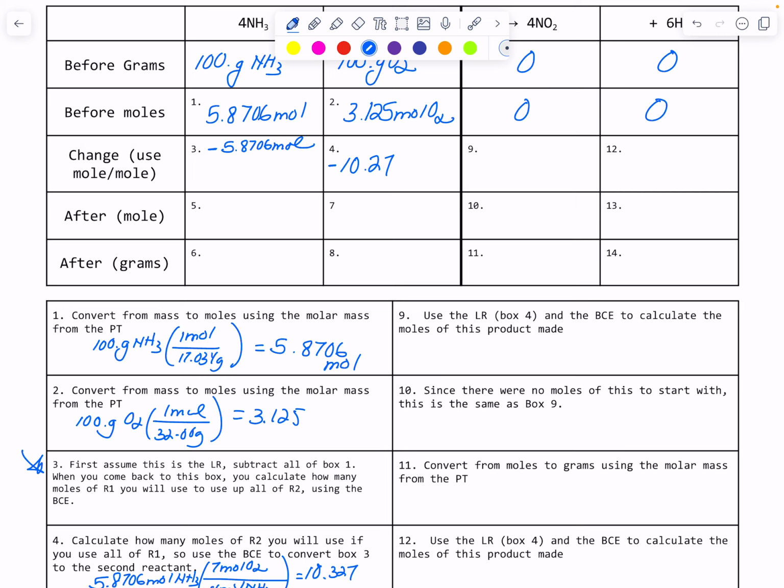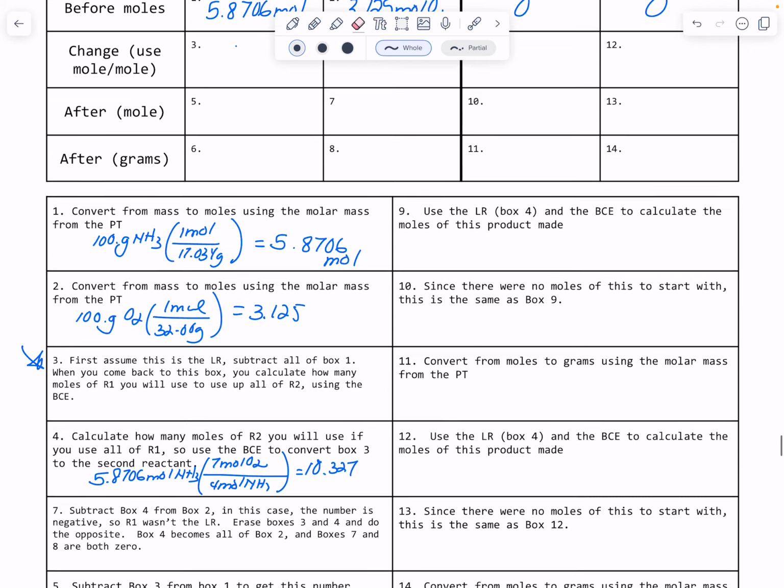Well, it'll be a negative number. I only have 3.125 moles of oxygen. I can't use 10.327 moles. So that means I just decided that reactant 1, ammonia, is not my limiting reactant.